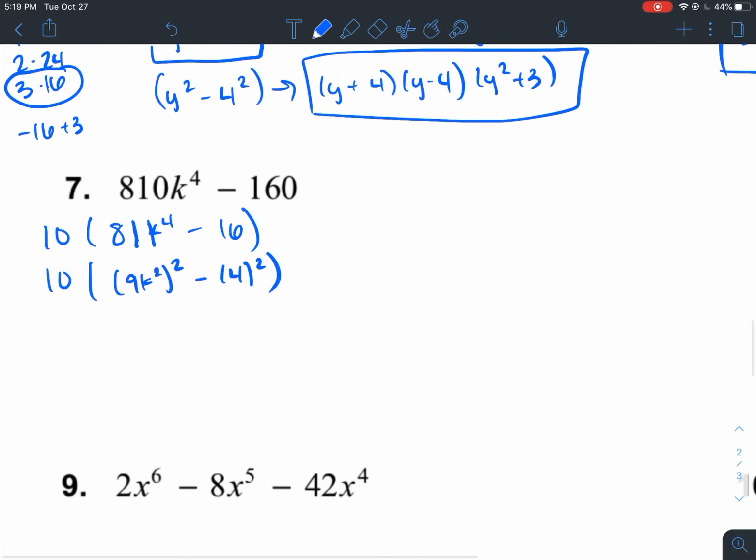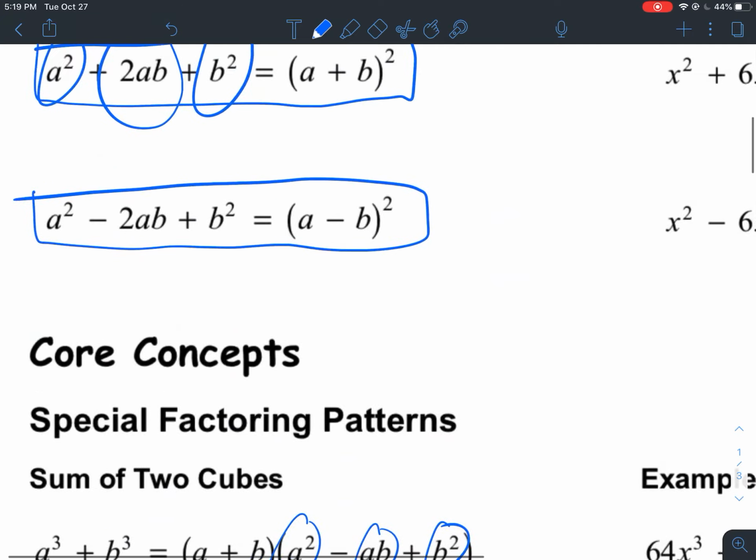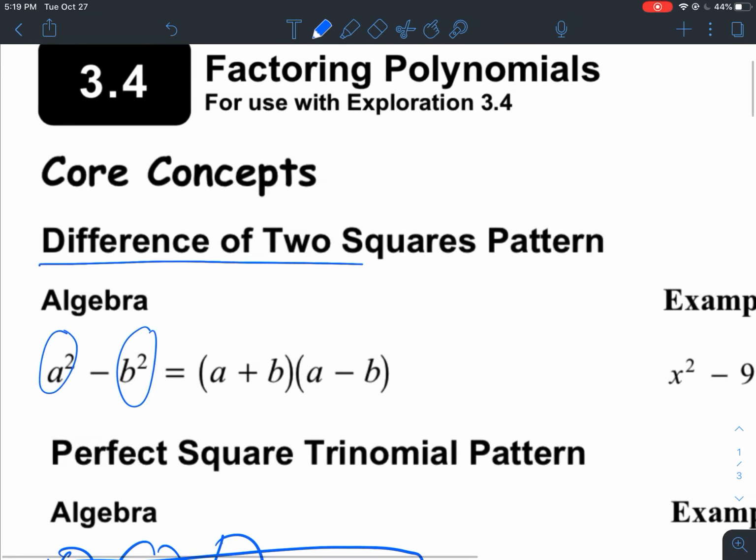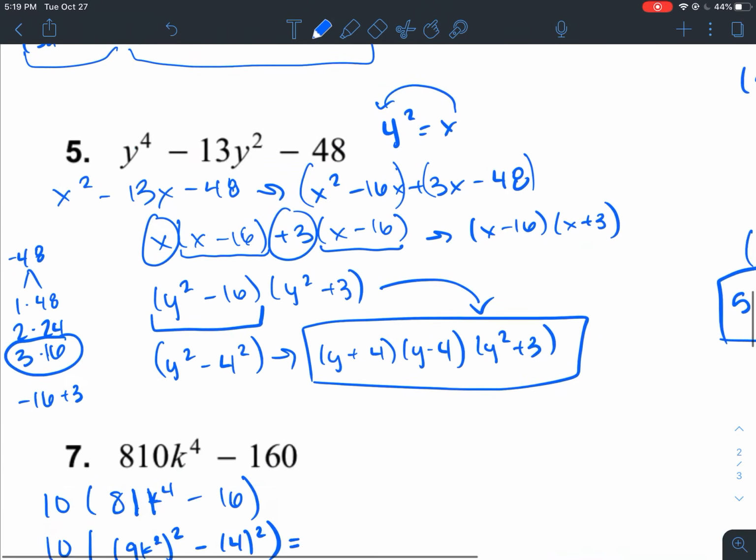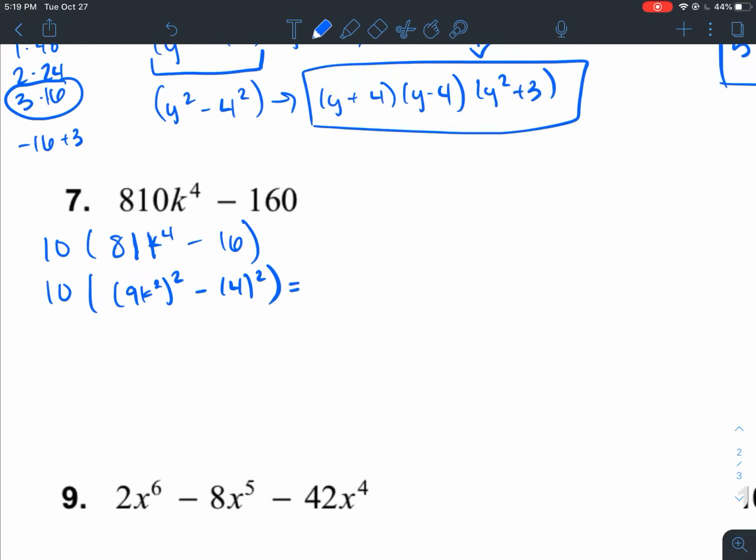So now I can use the pattern at the top, the difference of two squares pattern. It's going to be 10 times 9k squared minus 4 and 9k squared plus 4.